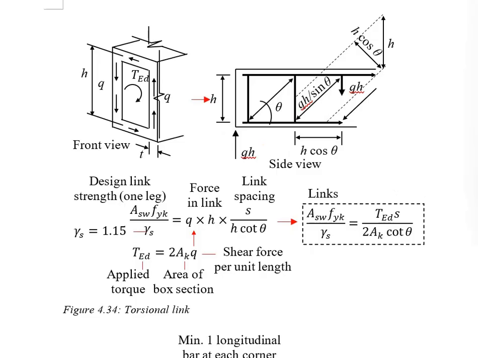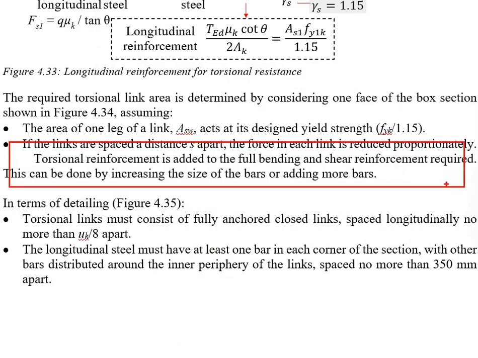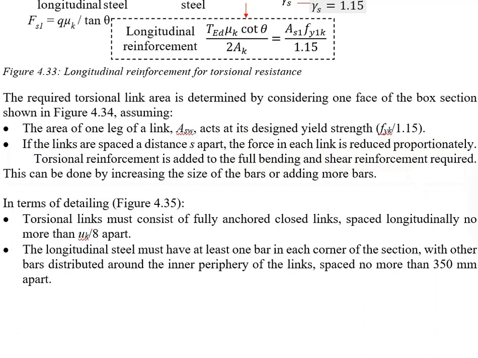The purpose here is to cater for situations where the member is subjected to the full shear load and at the same time is also subjected to the full torsional force. That's why the torsional reinforcement is to be added to the full bending and shear reinforcement required. And this can be done by increasing the size of the bar or adding more bars in the section.